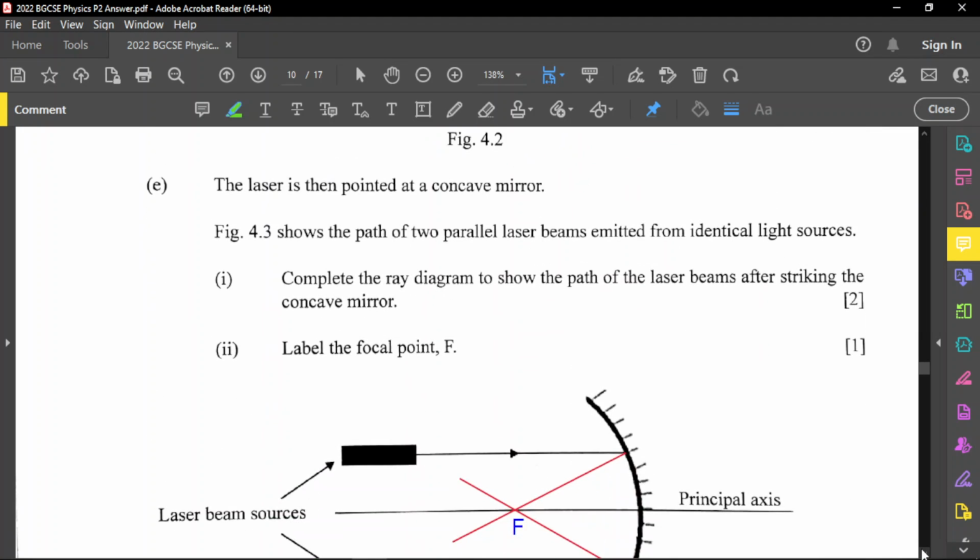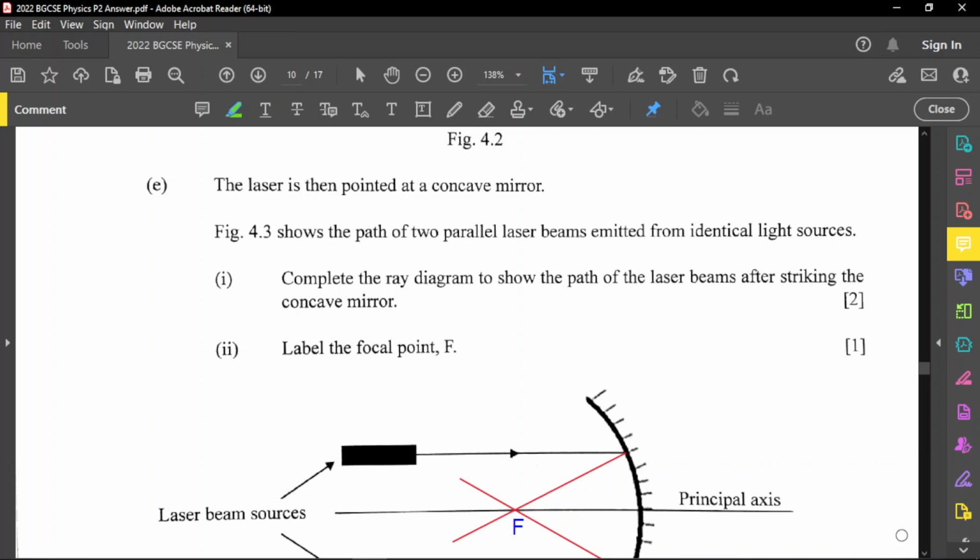Now jump into part E. It said the laser is then pointed to a concave mirror. Figure 4.3 shows the path of two parallel laser beams emitted from identical light sources. Complete the ray diagram to show the path of the laser beams after striking the concave mirror. Label the focal point F, so we're going to answer these two in one.